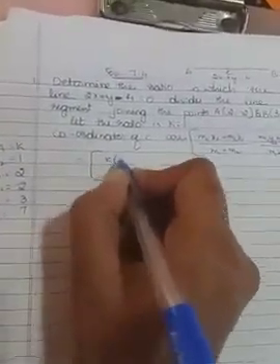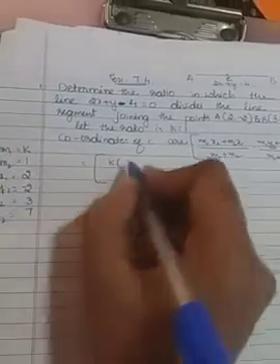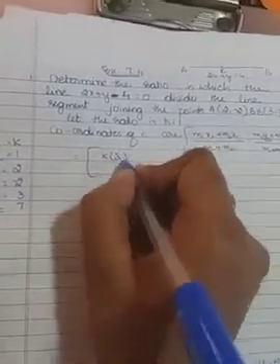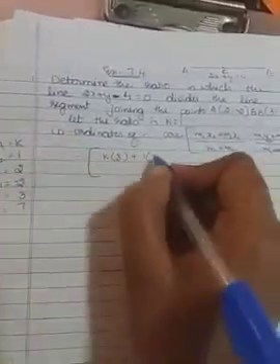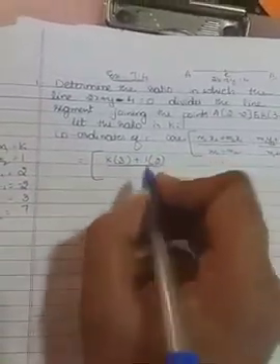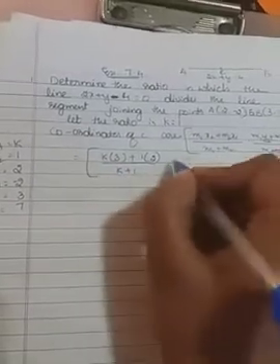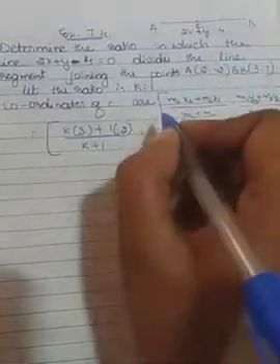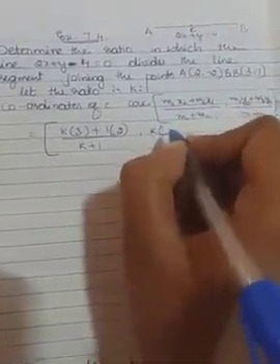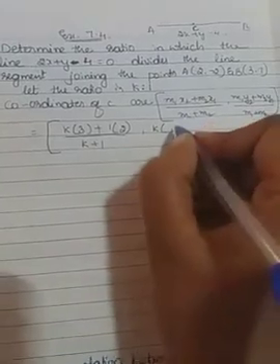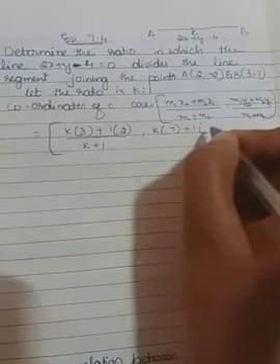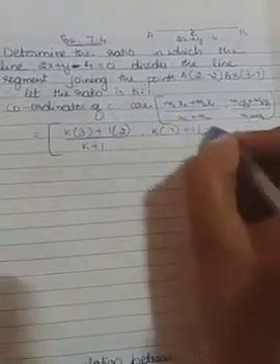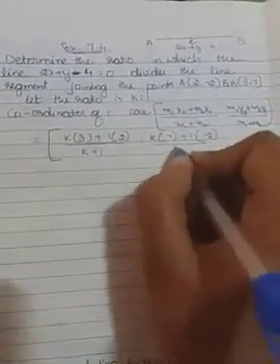m1 is k into x2 which is 3, plus m2 which is 1 into x1 which is 2, divided by m1 plus m2, in the sense k plus 1, right? Next, comma, m1 is k into y2 which is 7, plus m2 which is 1 and y1 which is minus 2, divided by again k plus 1.